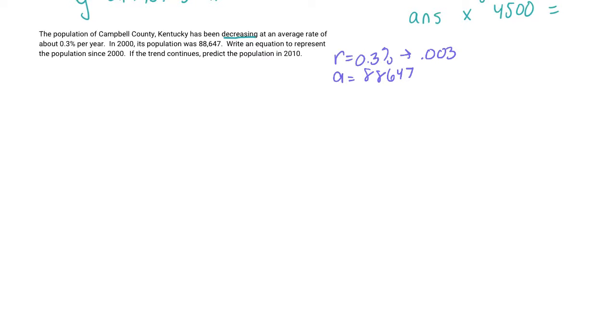We want to know what its population has been since 2000. So that means our T is going to be T minus 2000. So we've got Y is 88,647 times 1 minus 0.003 to the T minus 2000 power.